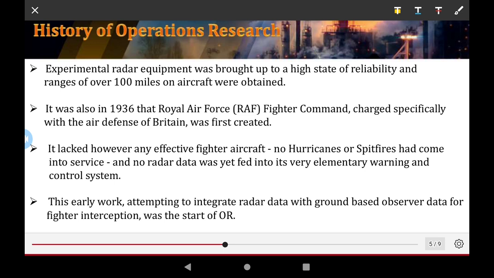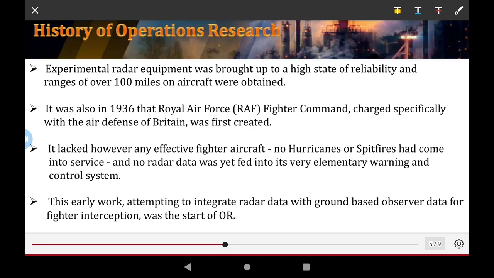This earlier work attempted to integrate radar data with ground-based observation data for fighter interception. It was the sort of operation research involving analytical study and mathematical analysis of the data.